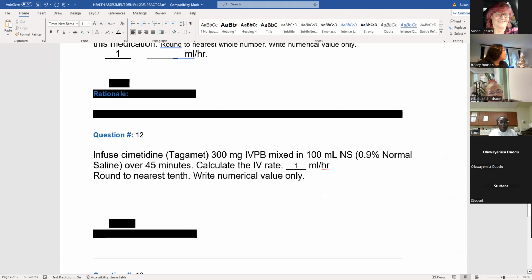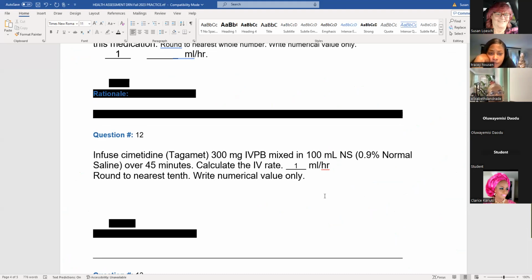And here's one exactly like that. So now what's the formula here? It's asking you to calculate the rate. You don't have anything on hand. So here you're going to put mLs divided by hours, right? Yes. Okay. So what numbers do you need out of here? 100 over 45 minutes.